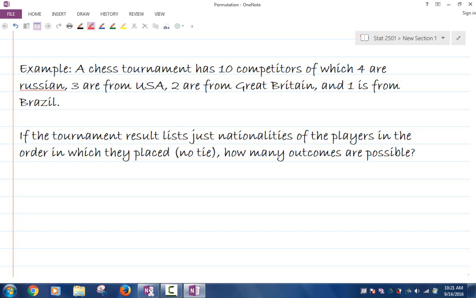If the tournament result lists just the nationalities of the players in the order in which they placed, assuming no tie, how many outcomes are possible?